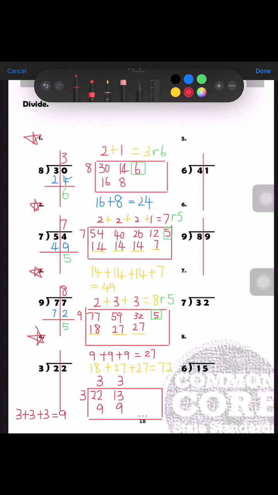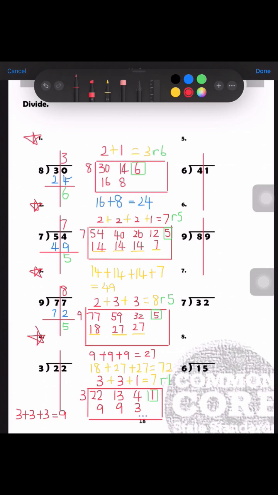And we can get 3 groups of 3 from 13. And 13 minus 9 equals 4. We can get 1 more group of 3 from 4. So 4 minus 3 equals 1. And we can't get any groups of 3 from 1. So the answer will be 3 plus 3 plus 1, which is 7. And the remainder is 1.